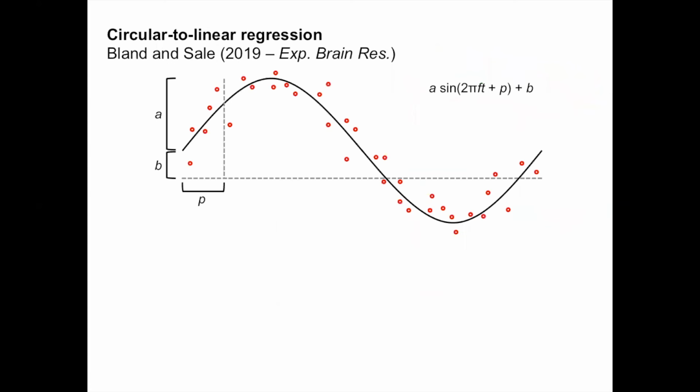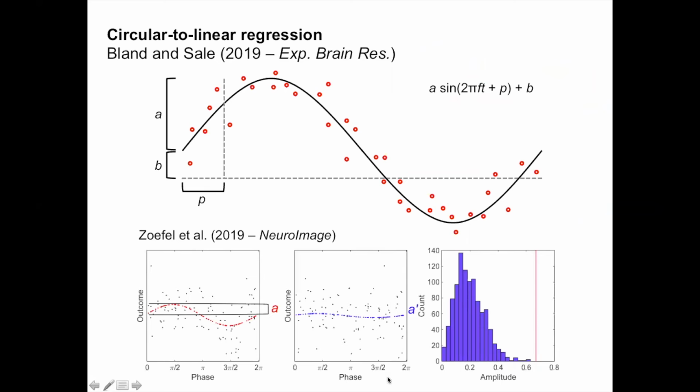So circular to linear regression achieves this, since we're analysing the per-trial data and we treat phase as a random variable where the amplitude, the phase, and the bias are all free to vary. We're essentially just fitting an ideal sinusoidal model to our outcome measure, which minimises the squared cost, as we do in regression. And we can test these models for significance by shuffling the data pairs to disrupt any phase dependency, fit those ideal models to the shuffled data, and form a surrogate distribution under the null.